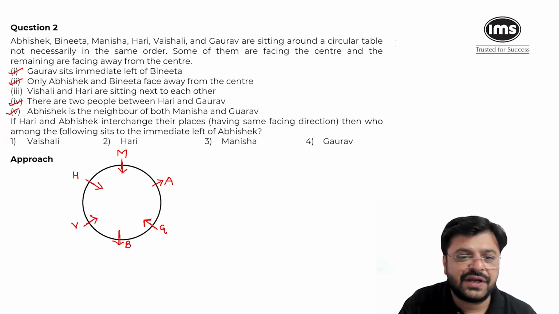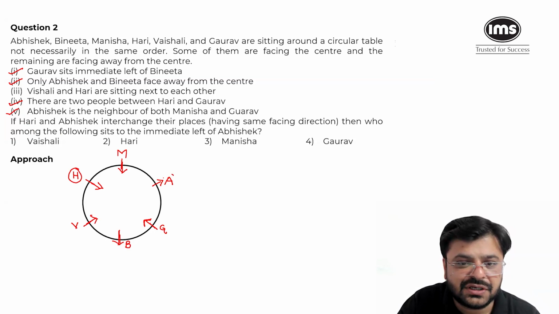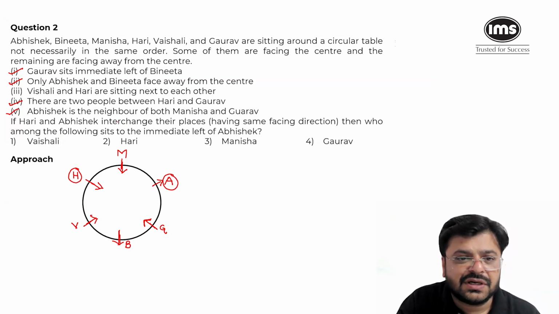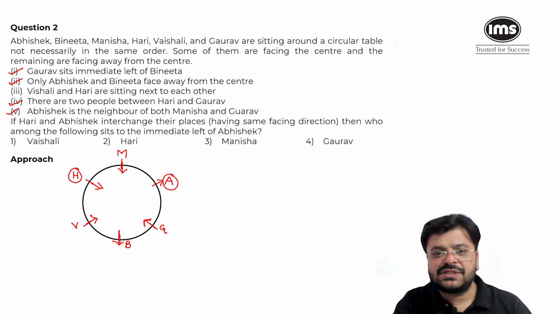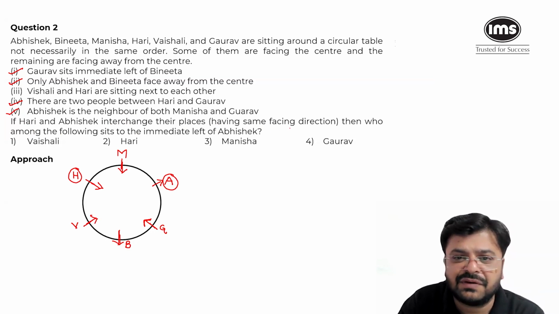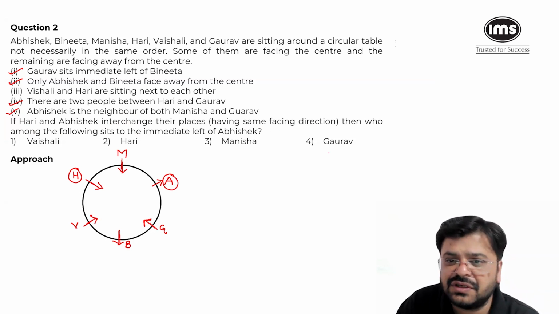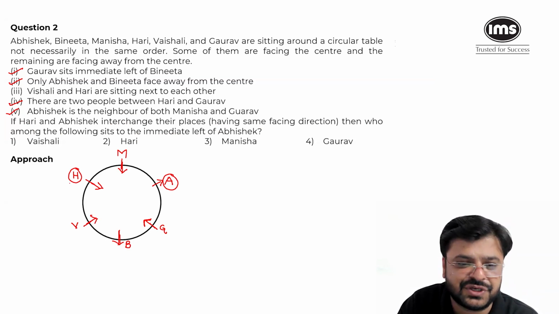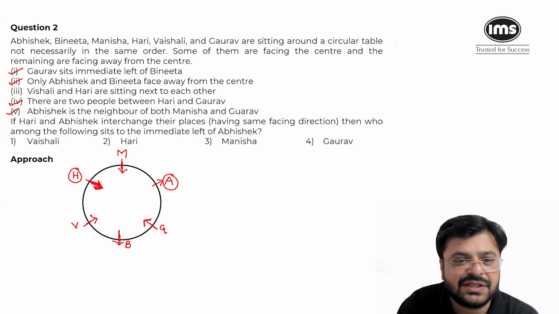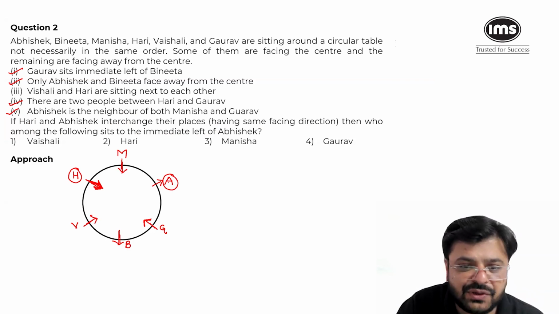Now, the question says if Hari and Abhishek interchange their places, having the same face direction, then who among the following sits to the immediate left of Abhishek? Abhishek is here and he's facing the same direction as Hari. Now here we need to see one thing.